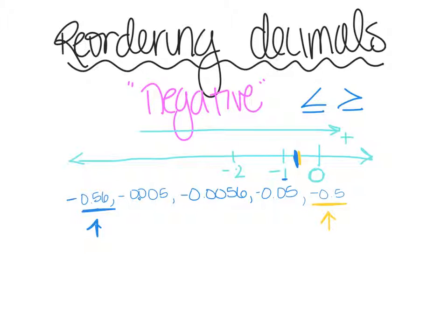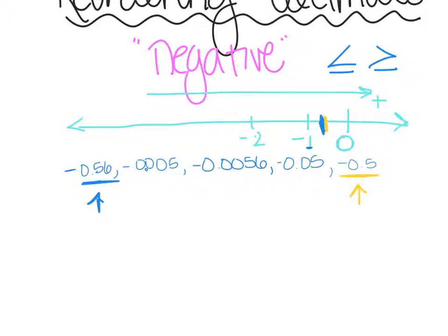So when we want to start to reorder these, we want to order them as they get closer to 0. So if we're looking at numbers getting closer to 0, I first want to compare the numbers themselves. The biggest number that I see here is 0.56, because we just verified that it's bigger than 0.5.